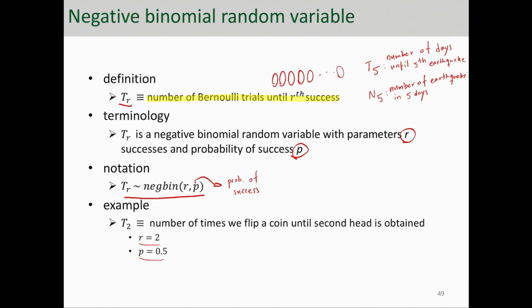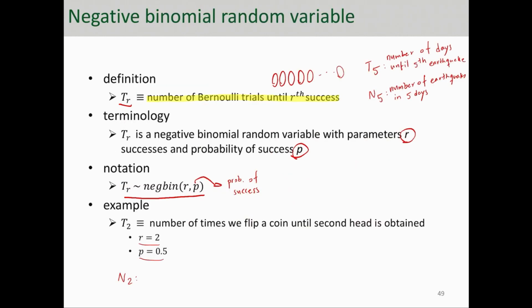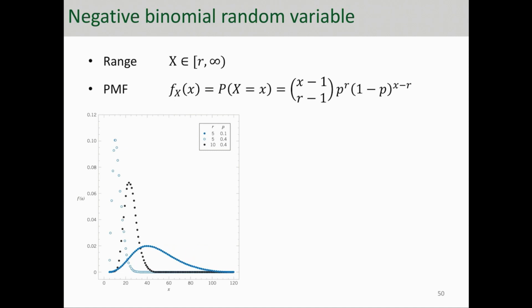So in contrast to T2, what is N2? Well, following the binomial definition, so number of successes in Bernoulli trials, that would be number of heads in 2 flips.